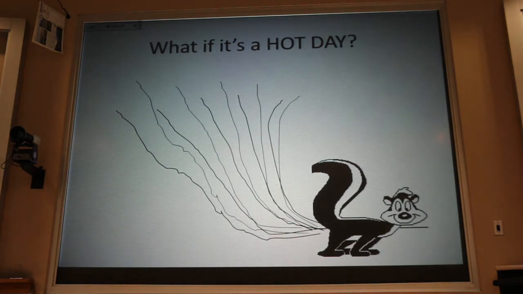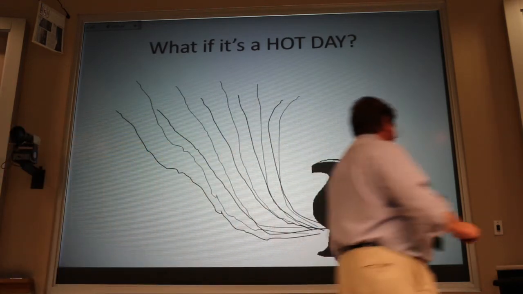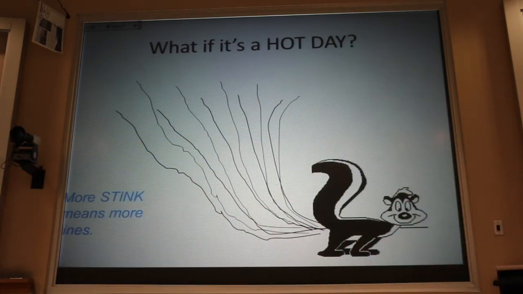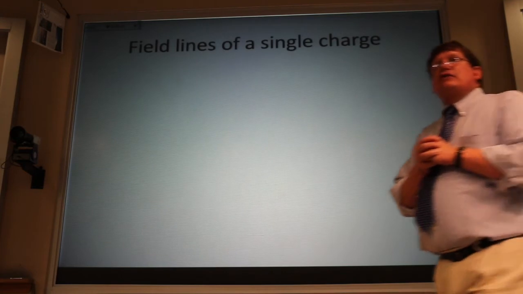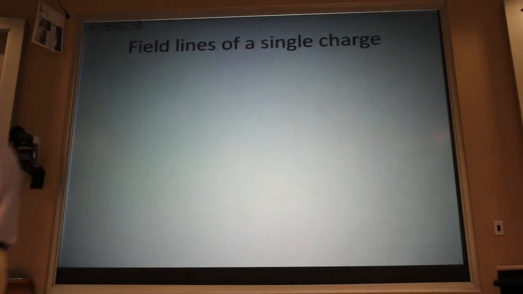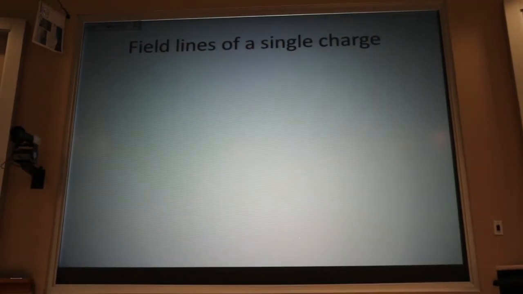The bigger the source charge-wise, the stronger the field near that source, and I represent a strong field, a stink, with more lines. Now, more stink means more lines. Now, if I have a single source, a spherical point source, if you will, okay?